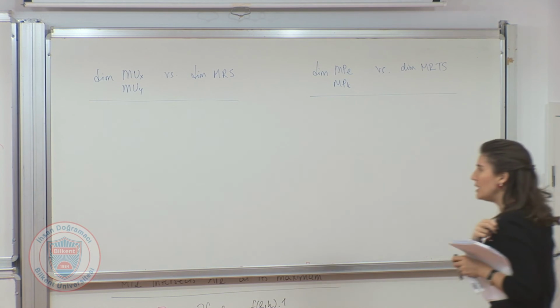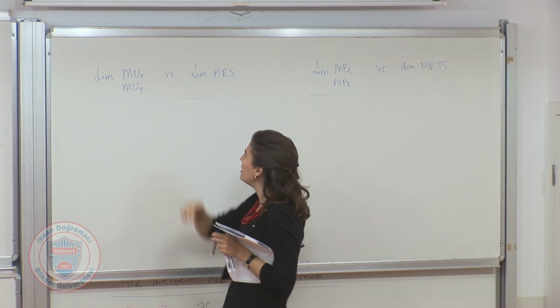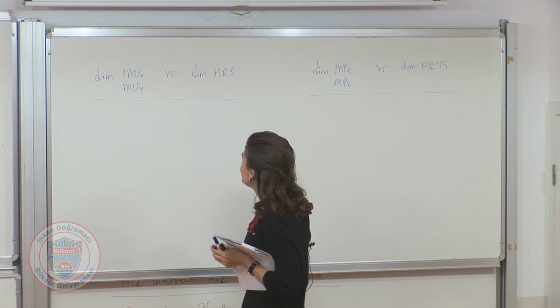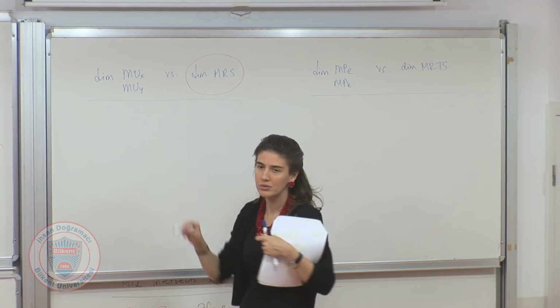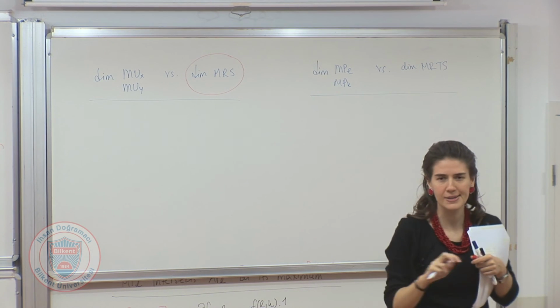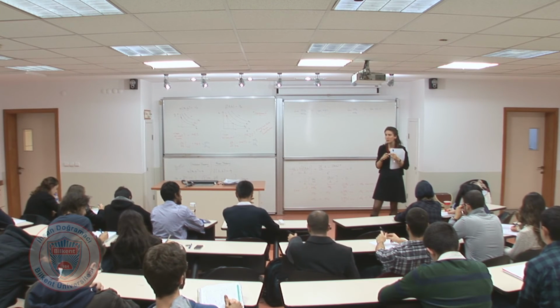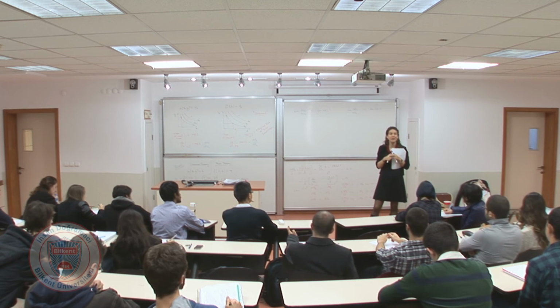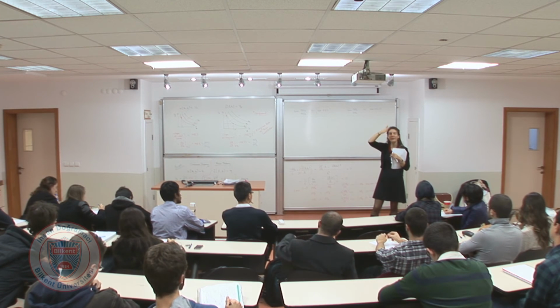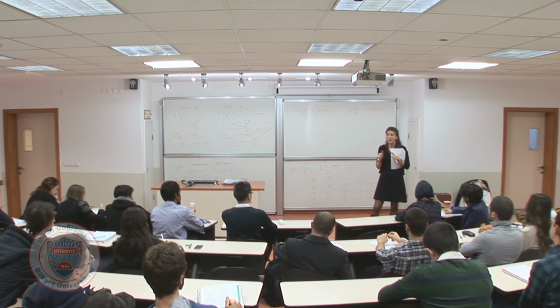Remember, what was diminishing MRS corresponding to? It corresponded to many things, but the most important thing is that if there's diminishing marginal rate of substitution, indifference curves are convex, right?